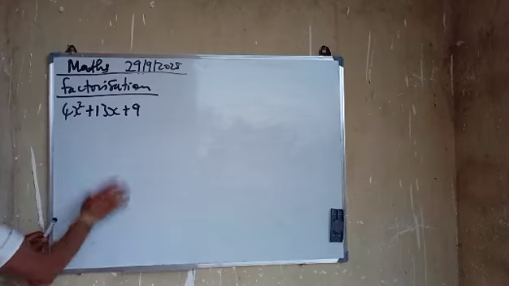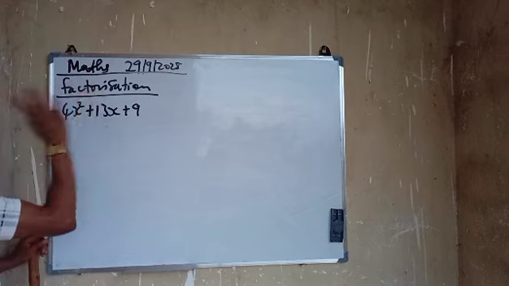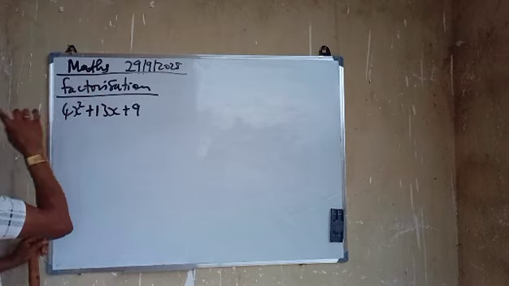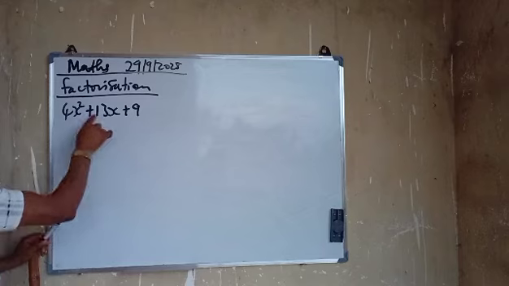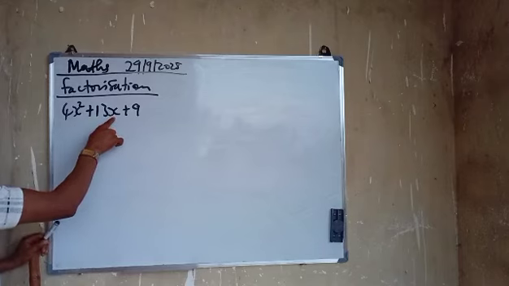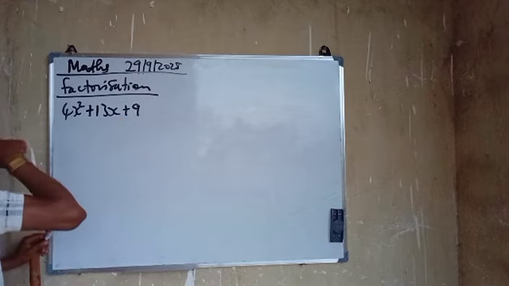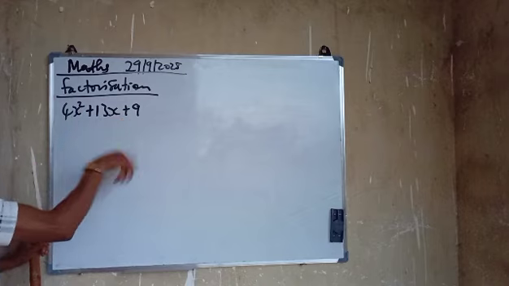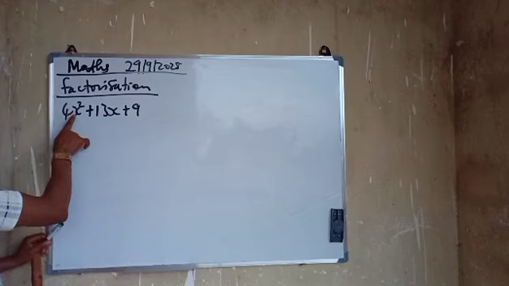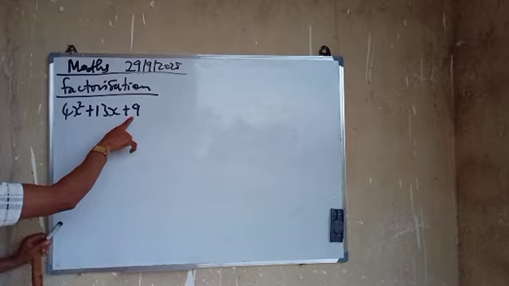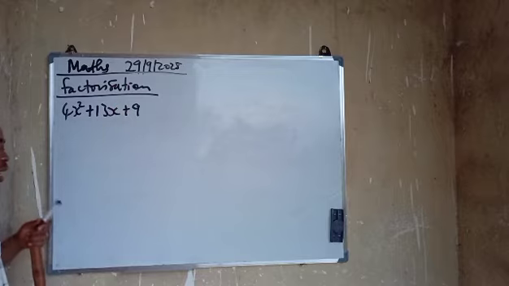Here, then, what we're going to do now, the first step: remember this is the first term, this is the middle or second term, this is the third or constant term. Good. The first step is, if the coefficient of the first term is greater than 1, we use the coefficient to multiply the constant term along with the sign.